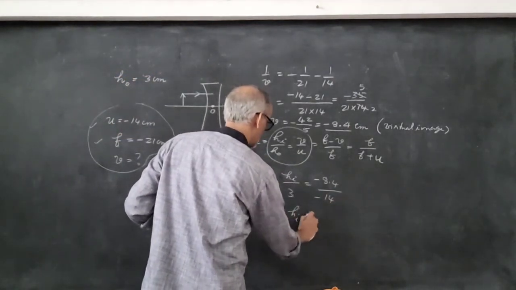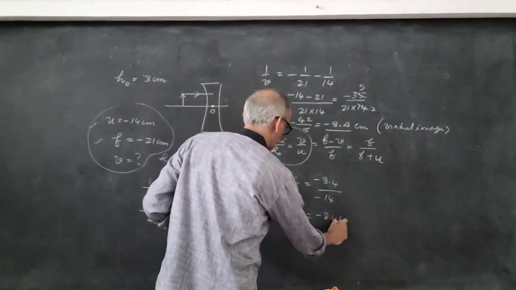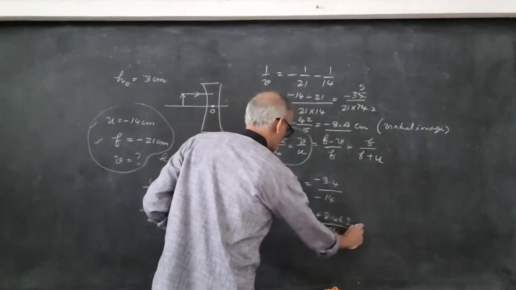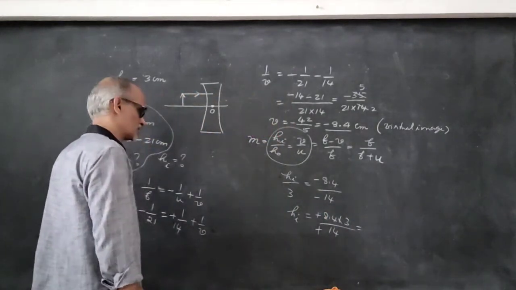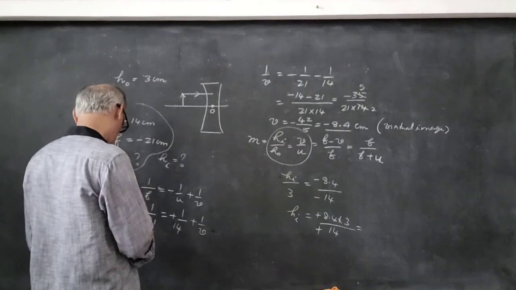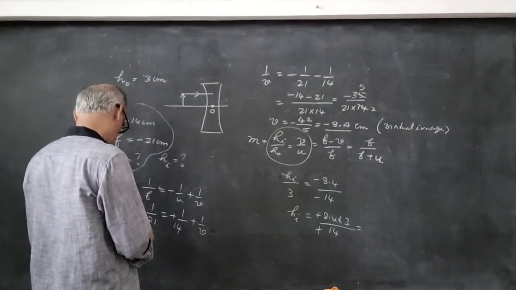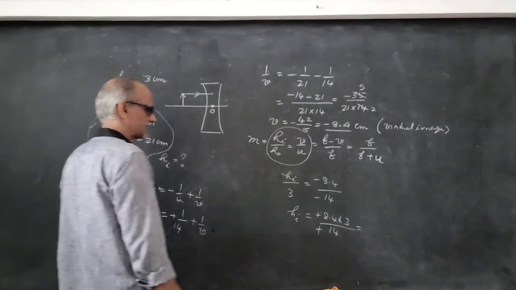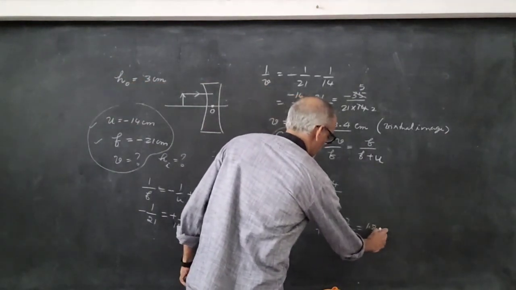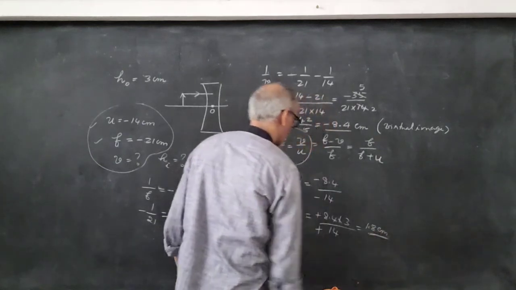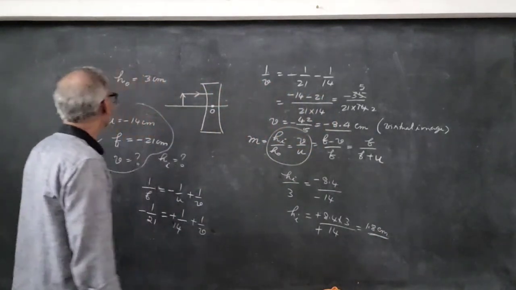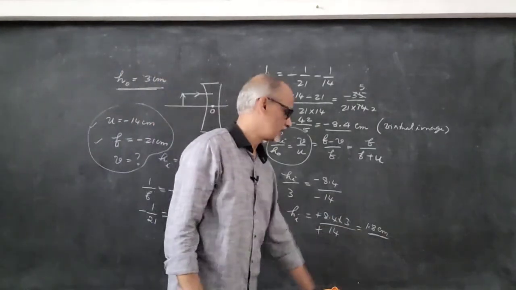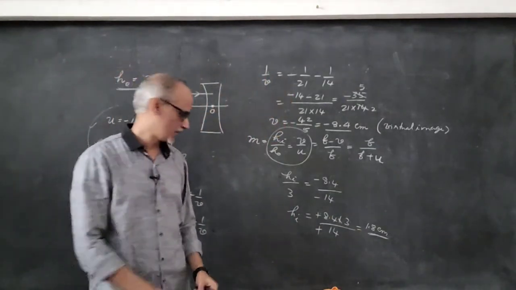So, the height of the image is minus 8.4 into 3 by minus 14. Minus of minus becomes plus, and we can simplify that: 8.4 into 3 divided by 14 will be 1.8 centimeter. So, the height of the object is 3 centimeter, the height of the image is 1.8 centimeter, which is a diminished image that we get.